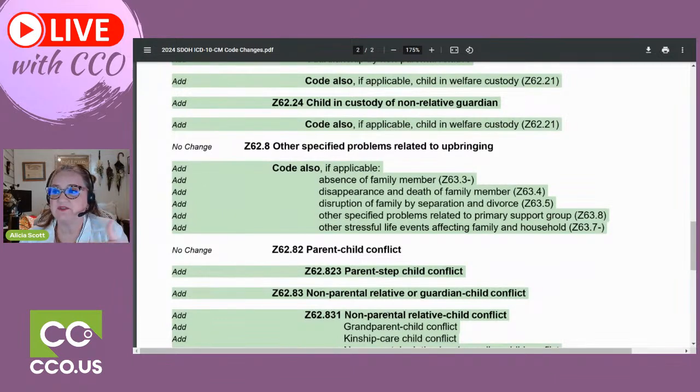So, absence of a family member could mean a lot of different things. If a husband or wife separated and one left the house, that would be an absence of a family member. And if that were to cause complications, say for a child, but this isn't necessarily related always to children. Now, we just got done looking at the codes for child welfare and custody and guardianship, but you can have guardianship over adults.